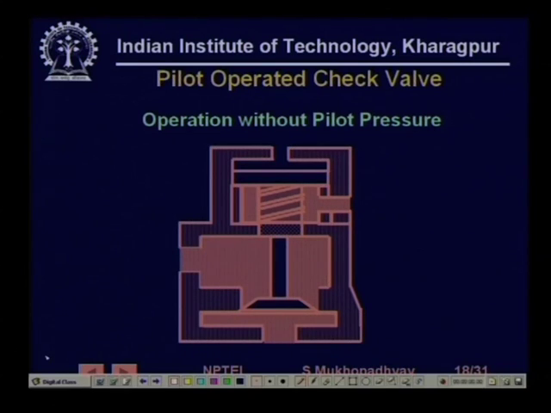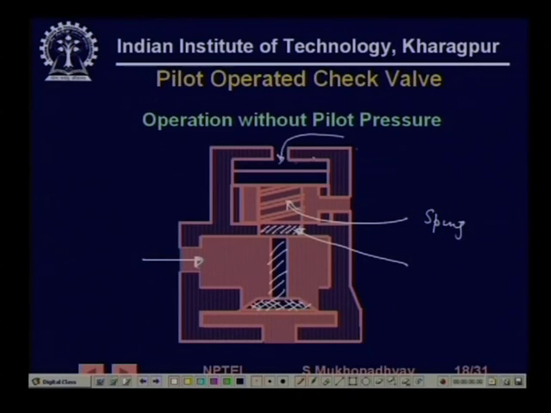So, let us give an example. Here you have a valve. You can see that this is the port, and this is the member which controls the flow. This is a spring, and this is a cylinder which separates these two.